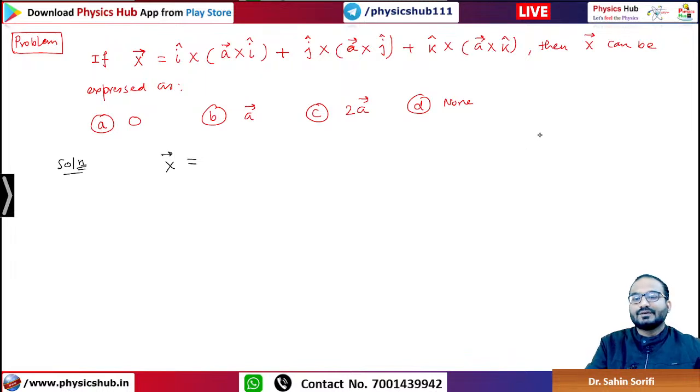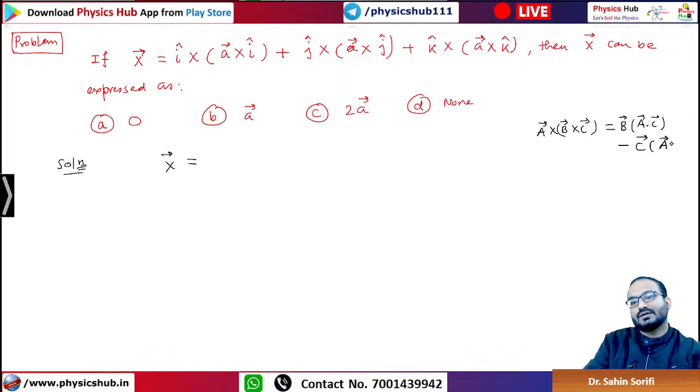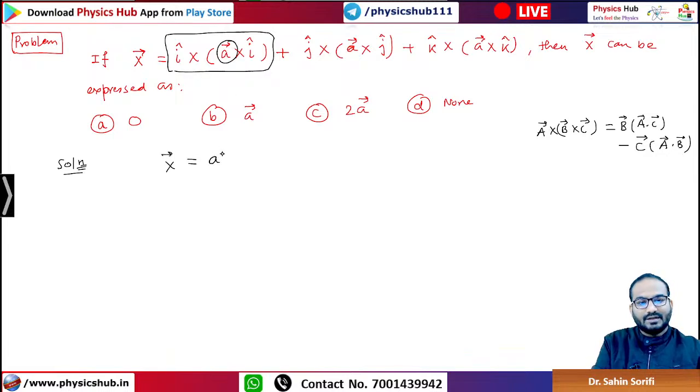We can utilize the formula of the vector triple product, A cross B cross C. So B into A dot C minus C into A dot B. Considering the first term, here B is A, so it becomes A into A dot C, which means i cap dot i cap, minus C is i cap, C into A dot B, which is i cap dot A.